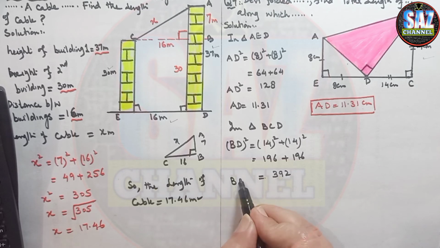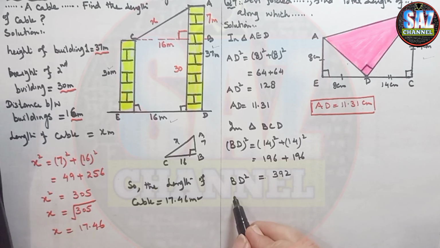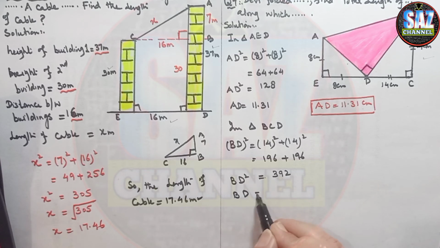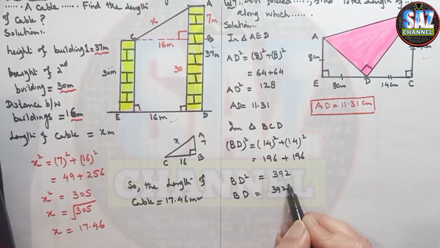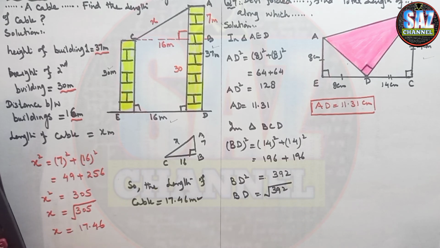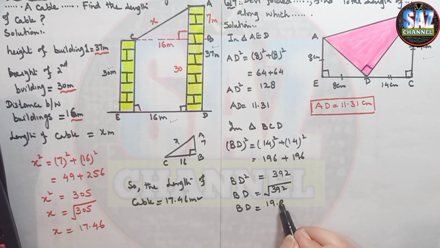And now in order to find BD, I have to take the square root on both sides. So BD equals the square root of 392, which is 19.79, or I can take it approximately 19.8.